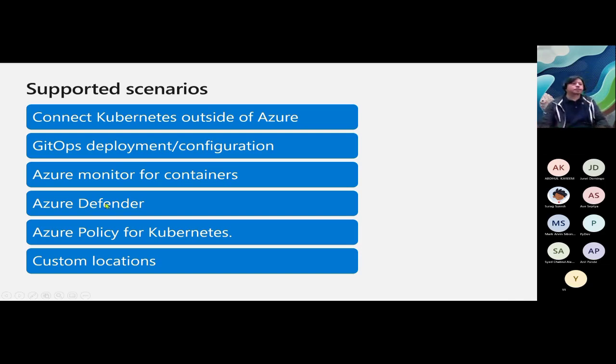You can have custom locations, so you can track if a specific cluster is raising an error. You can track where it is. For example, going back to that use case that we read in the beginning, if you have more than 100 stores, easily you can check which store is having any issue, for example.